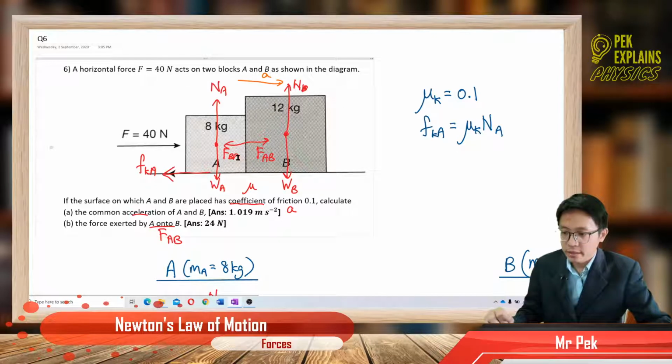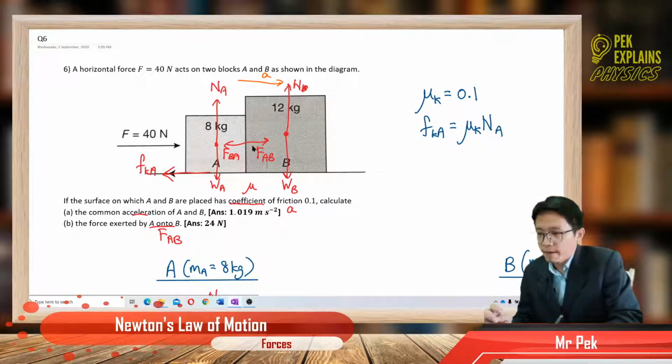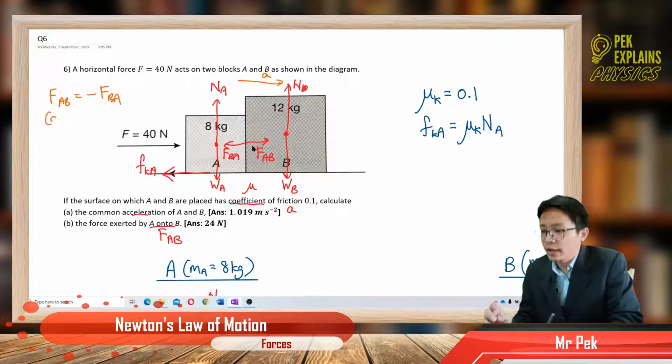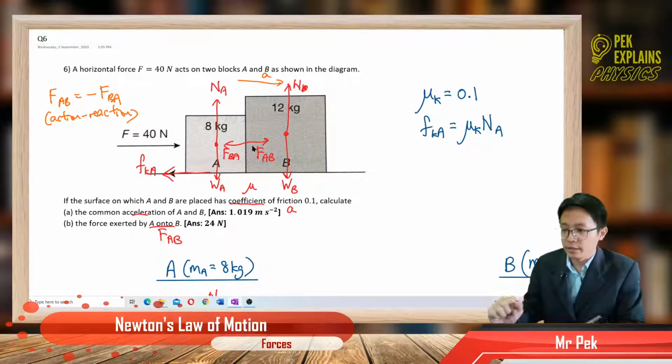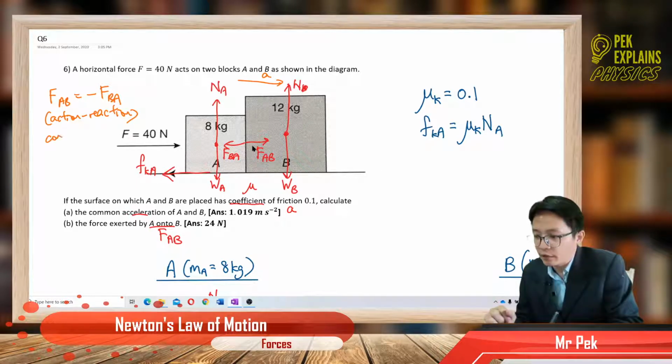FBA is B pushing A. FAB is A pushing B. This is called the contact force. We can say that FAB is equal to negative FBA. They are called the action-reaction force, equal magnitude, opposite direction. Yeah, they are actually the contact force.